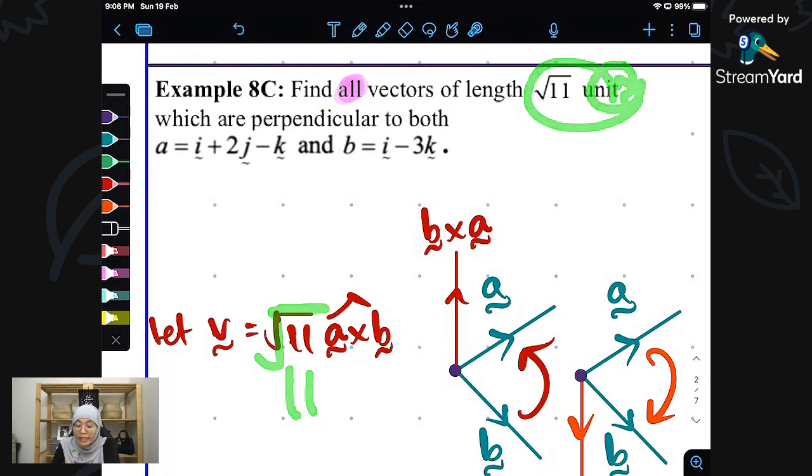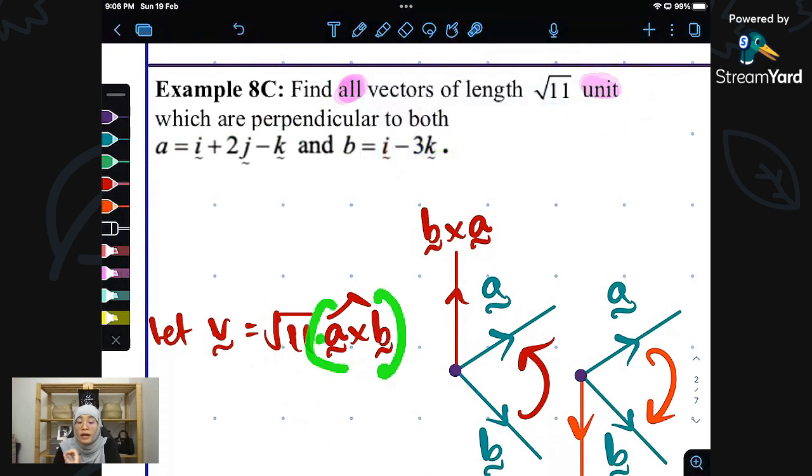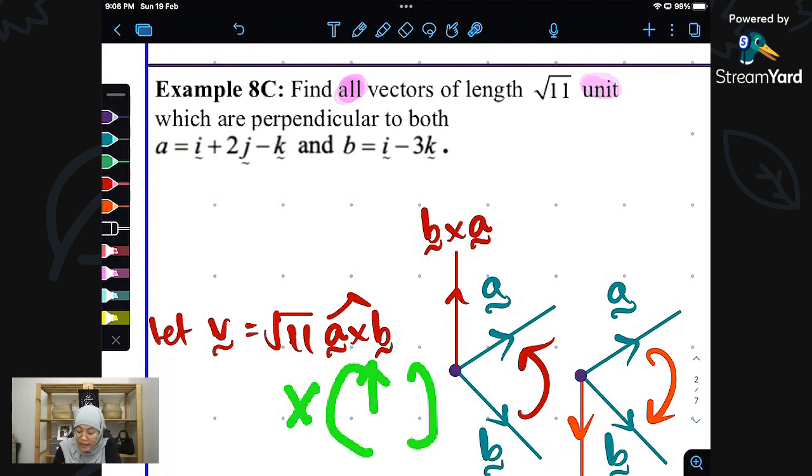In fact, perkataan unit ini sangat penting. And then kalau kamu perasan, saya darabkan dengan A cross B with the head there. Kenapa saya sangat confident of this A cross B? Kenapa saya tahu sangat dia didarabkan dengan A cross B?